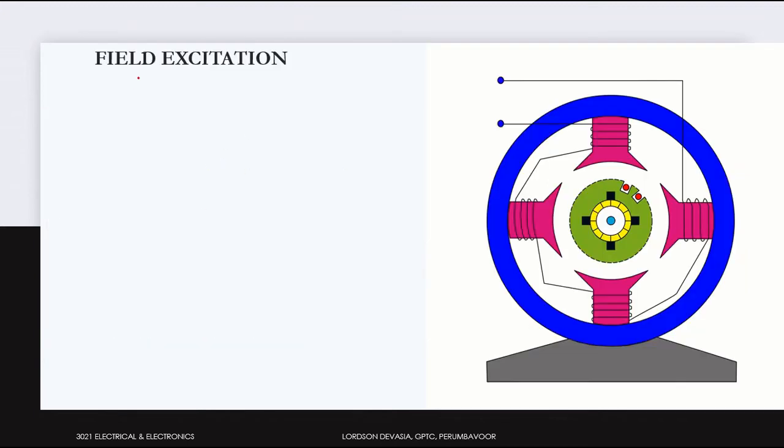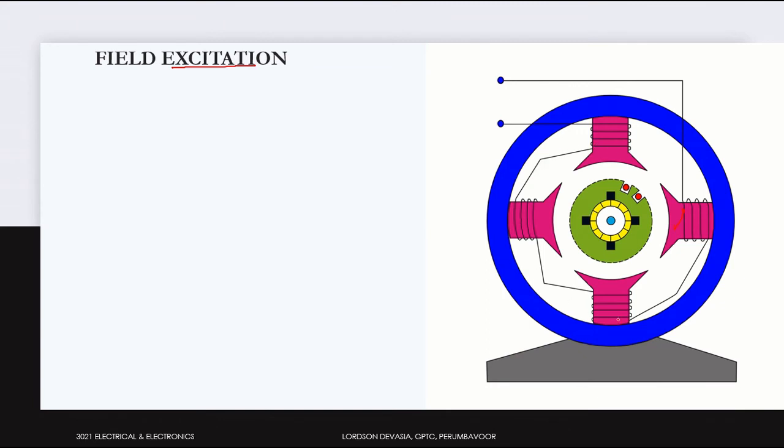Now we will discuss what is excitation. We already discussed this is the construction details. These are the field poles, and over the poles there is a winding known as field winding.